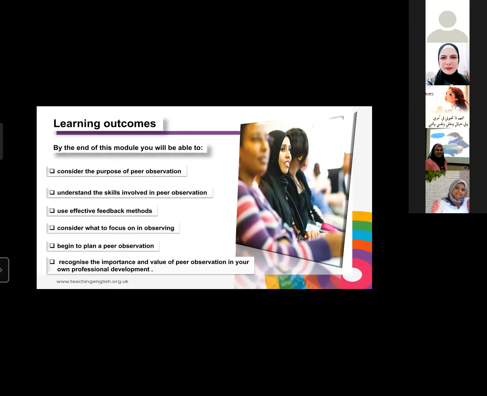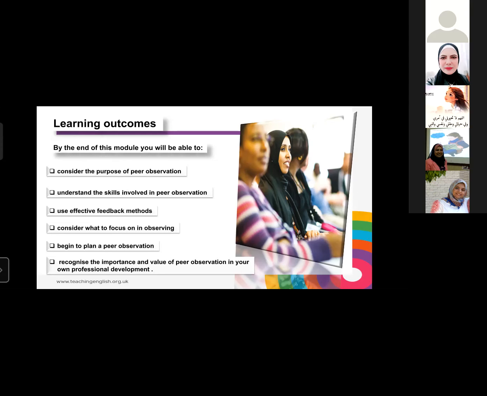Is it valuable for you? Yes, I think it's very helpful, especially since some pupils can accept feedback from their classmates, not from the teacher.